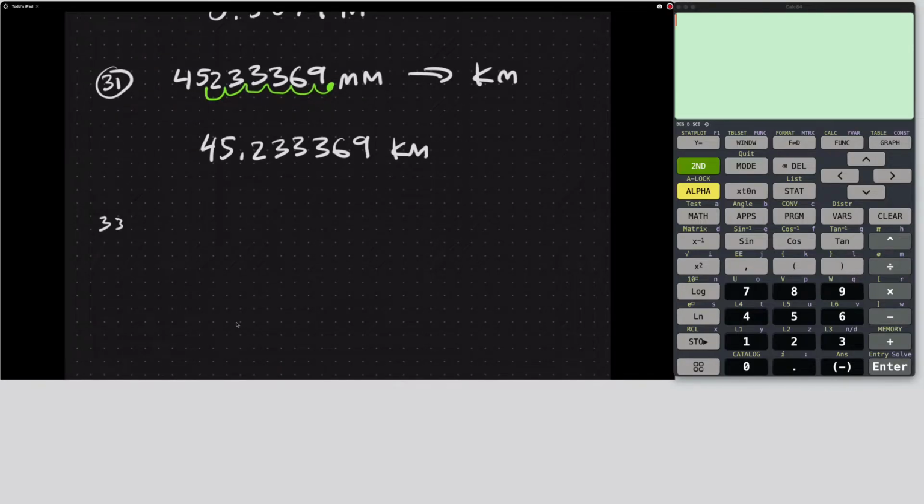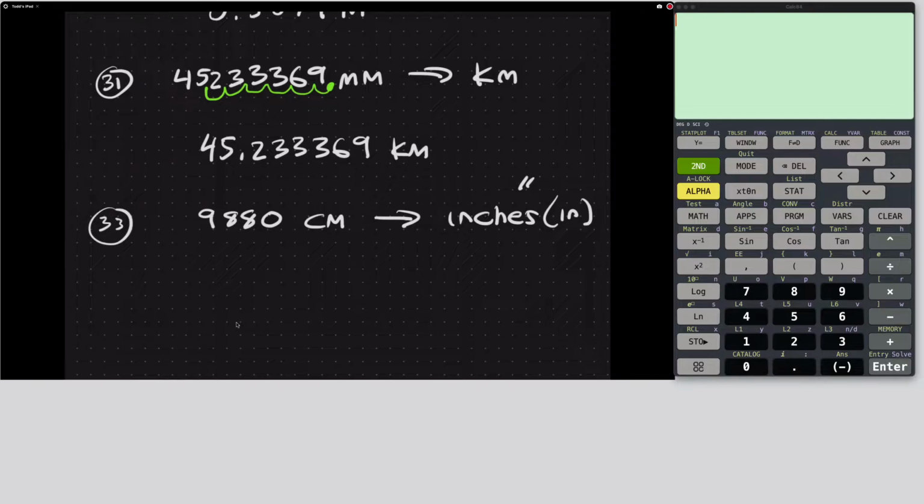Okay, now let's take a look at one more right here, which is number 33. Okay, in this case, we're going to be going from centimeters to inches. So it says we have 9,880 centimeters and convert that into inches. Inches is also abbreviated with an IN and can also just have a double prime like that.